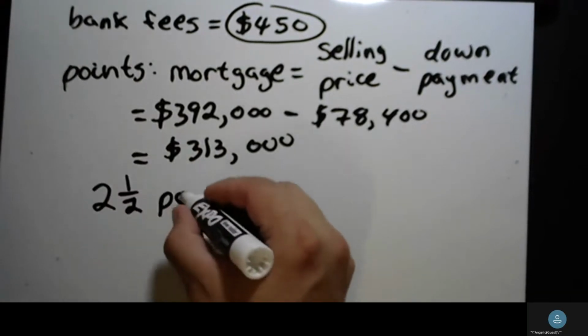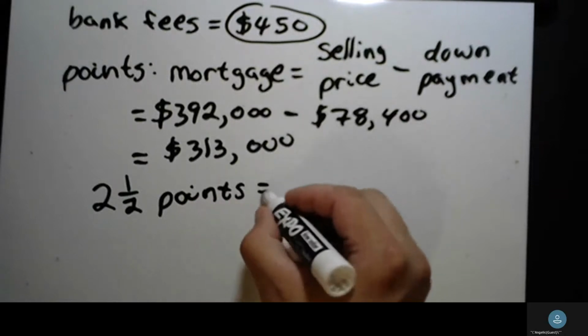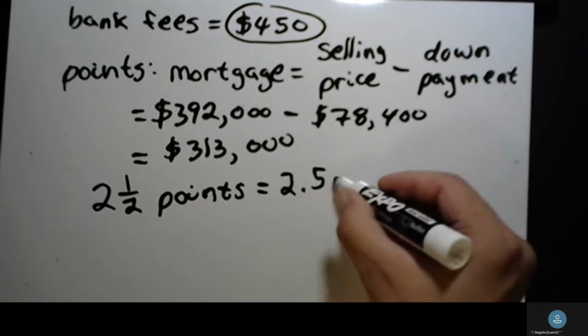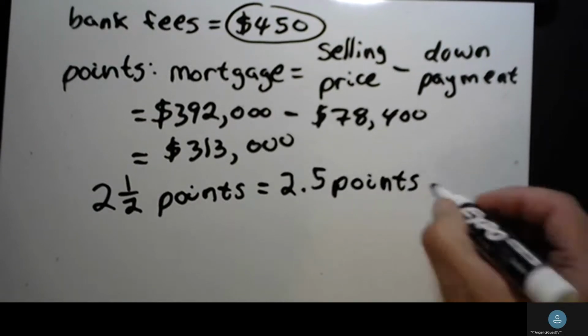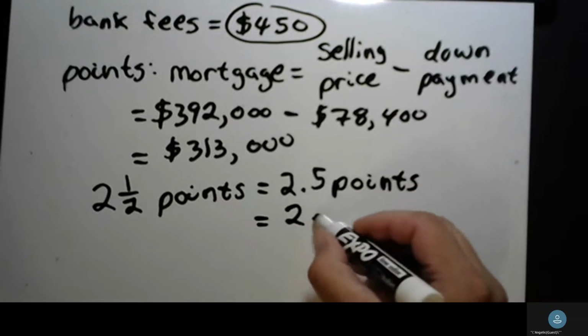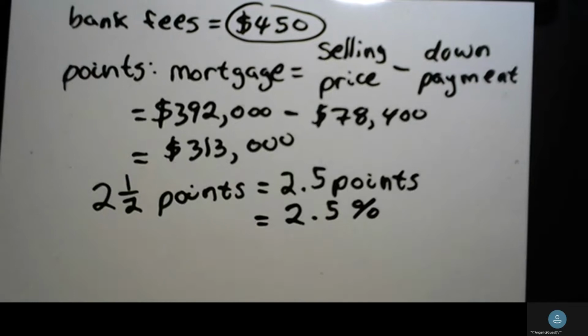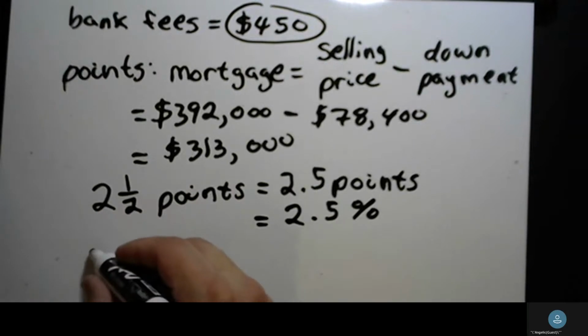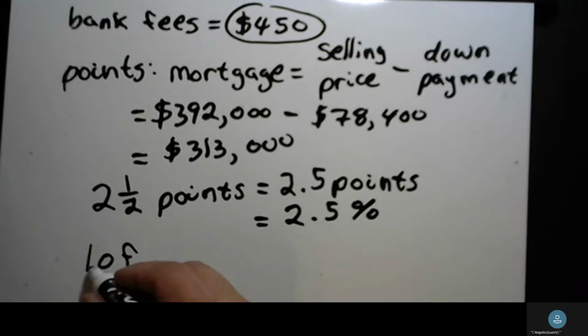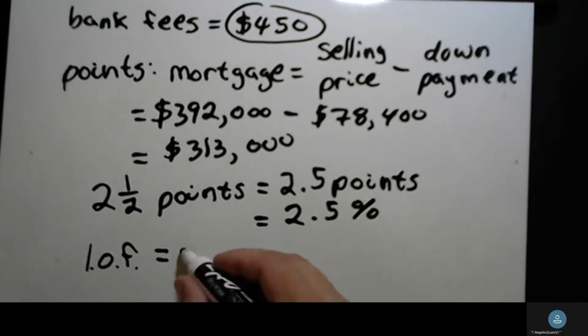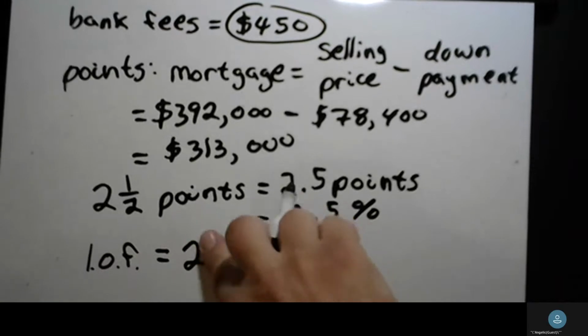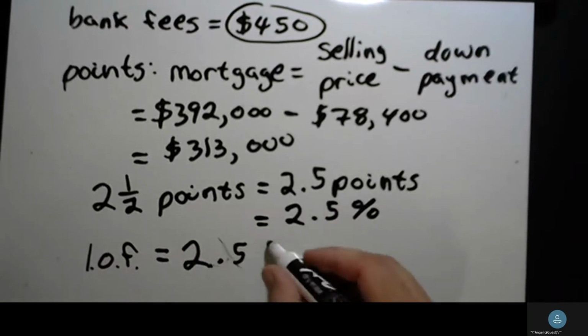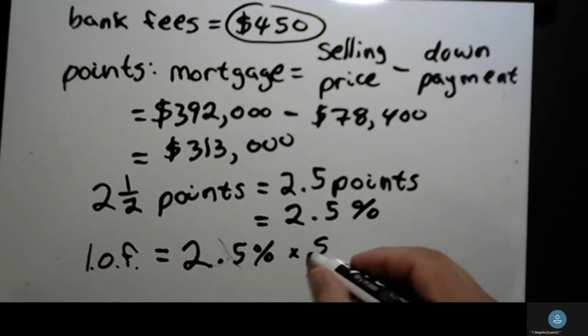So 2.5 points we can represent as 2.5%. So to calculate this loan origination fee, it's based on the points. Loan origination fee is 2.5% times the mortgage.